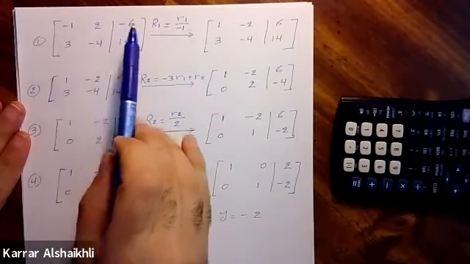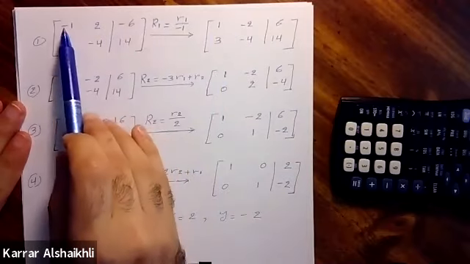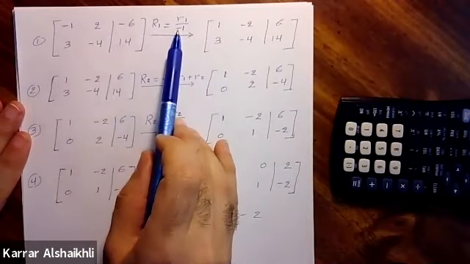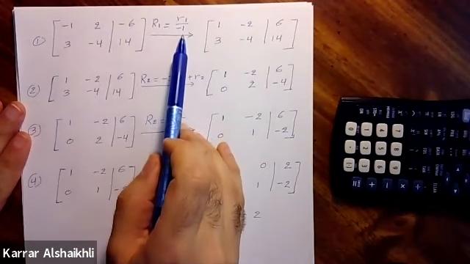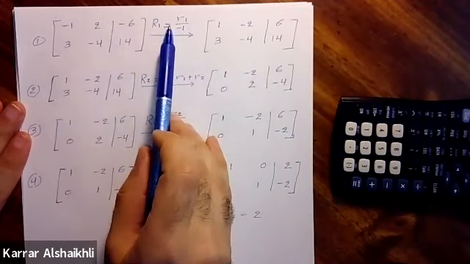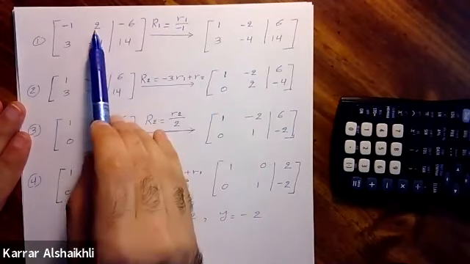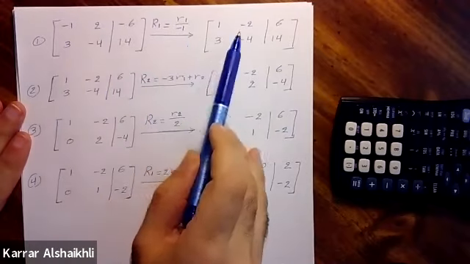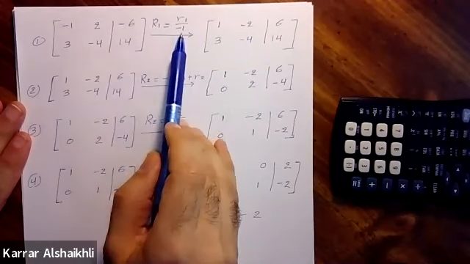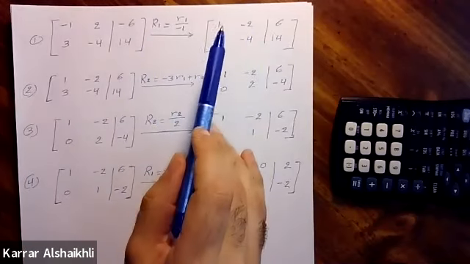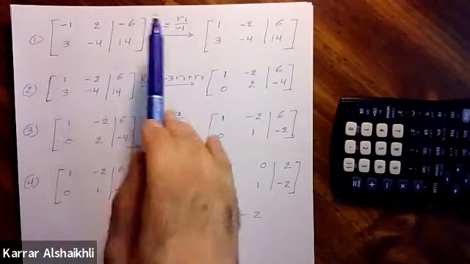Step 1, convert this number to 1, so I divide the whole row by -1. R1 is the old R1 divided by -1. -1 divided by -1 is 1. 2 divided by -1 is -2. -6 divided by -1 is 6. This is my goal, convert -1 to 1.